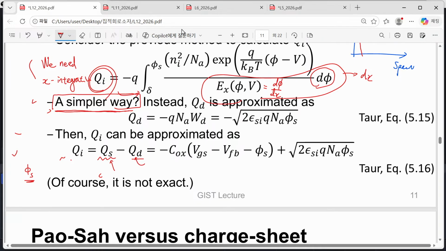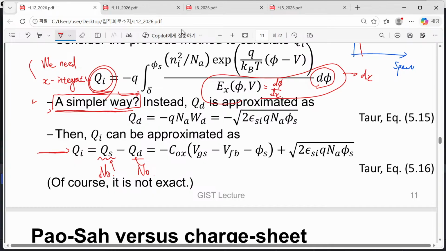Previously, our Q sub I was really accurately calculated by performing this x-directional integration numerically. So there is no other approximation. But now here our Q sub I is approximately obtained. Then what is the gain of this approach? Sacrificing the accuracy, but instead of that, there is no integration, and this one is also no integration, so we can kick out our integration once.